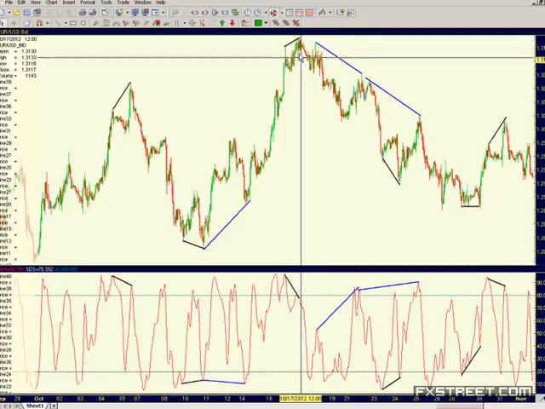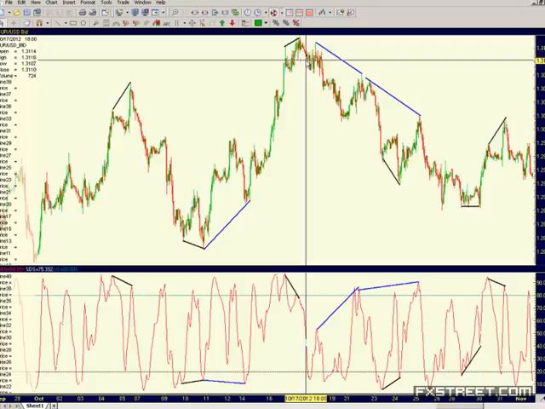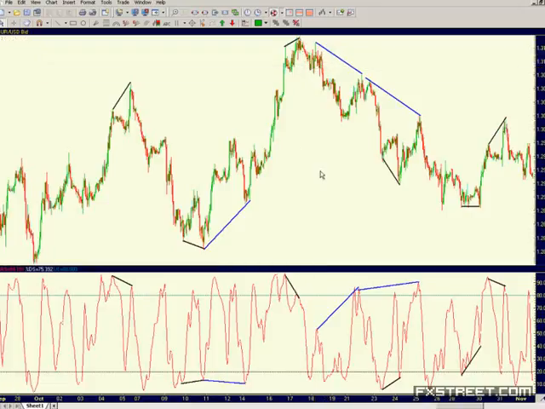Okay, so I'm looking for other confirmations that perhaps this turn is occurring, which may include a breakout. For example, if we were to look at this divergence right here, we may be looking for some type of a breakout above, let's say, this trend line right here.